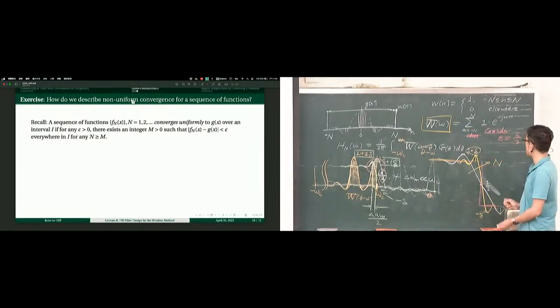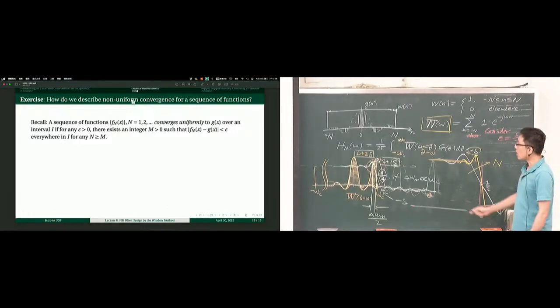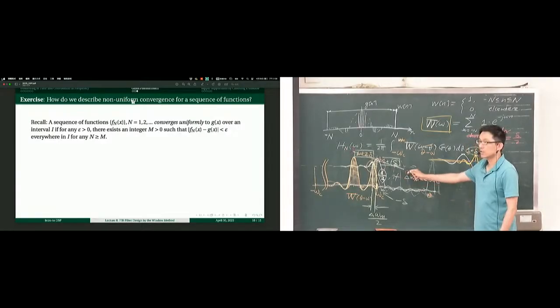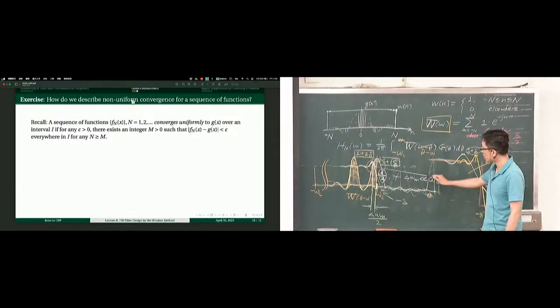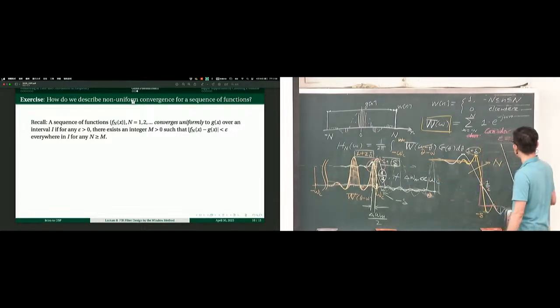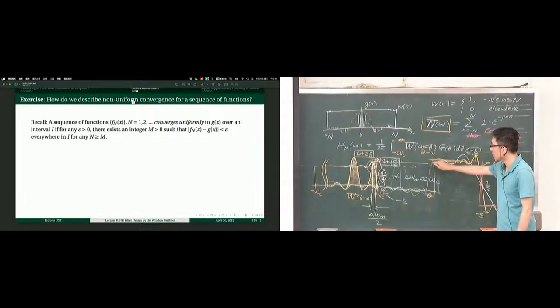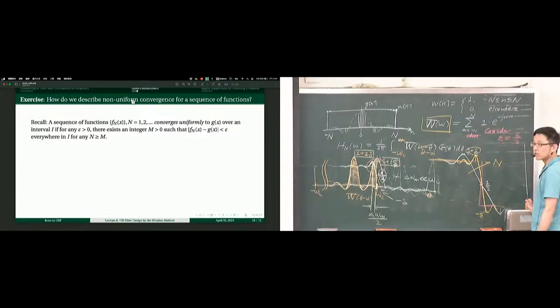If this is the epsilon that we consider, then however big n is, you can always find an x in the interval, which is from minus pi to pi, at which the approximation error is greater than epsilon. In this case, we can always find a point where the approximation error is about delta, which is greater than epsilon. Therefore, this is an example of non-uniform convergence.